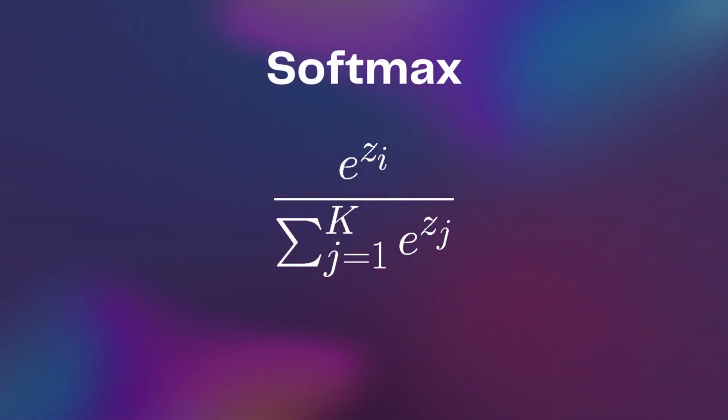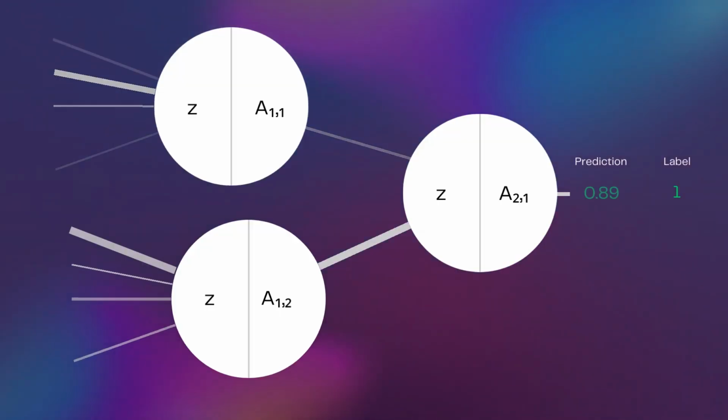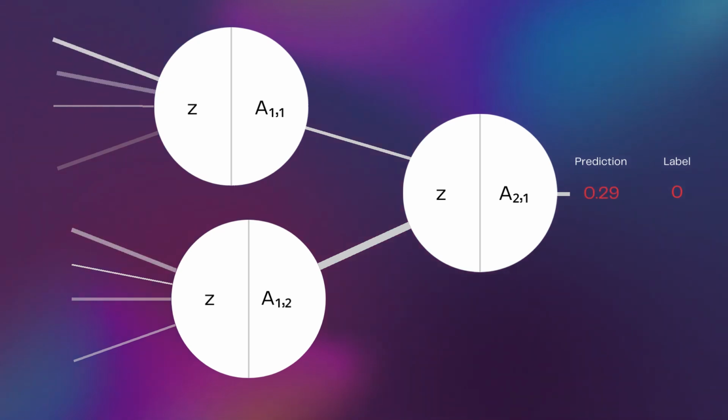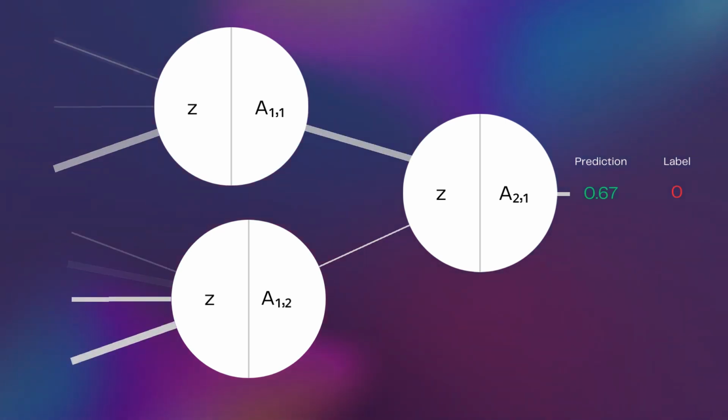Okay, so now we understood how a neural network makes decisions, but what is missing is how it learns. In order to do that, it has to adjust its weights according to the magnitude of the error made. And how much the network must adjust the individual weights is based on the impact of each weight on the wrong decision.